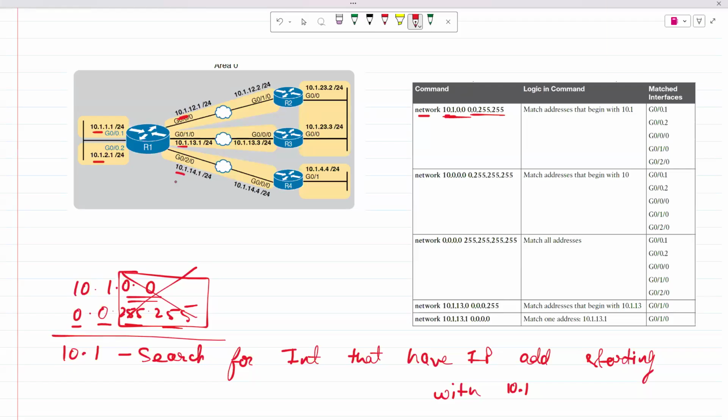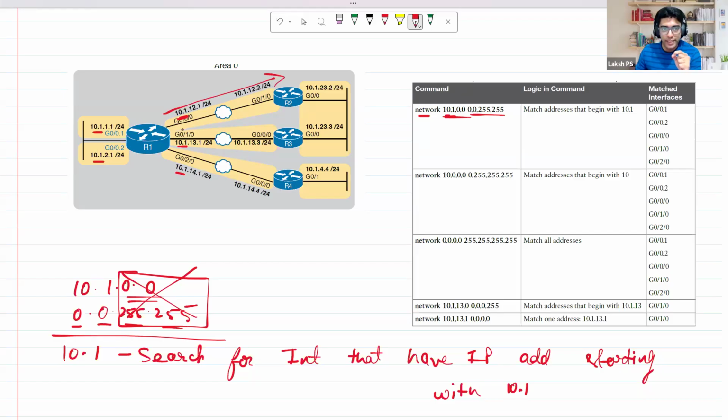Once it finds the interfaces that start with 10.1, OSPF will send OSPF messages out of those interfaces to the neighboring devices.